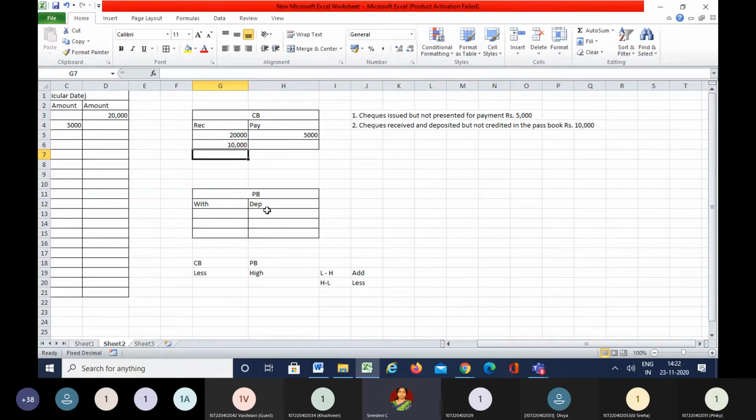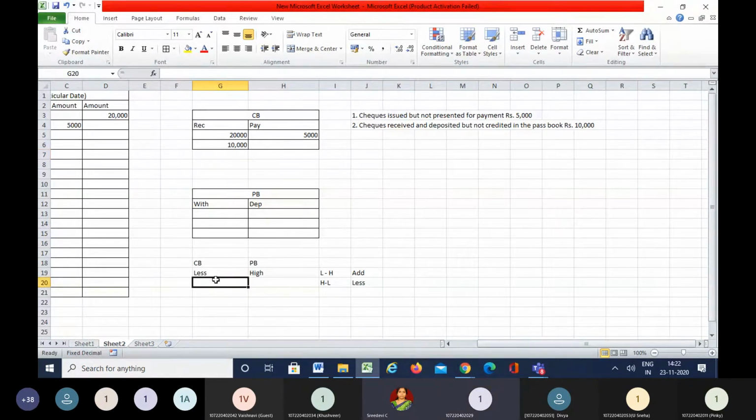So credit in the passbook means what? It is deposit, right? That means still the bank has not collected the money on behalf of the check. That means there is no entry here in the passbook. Now tell me which book is showing more? Cash book.